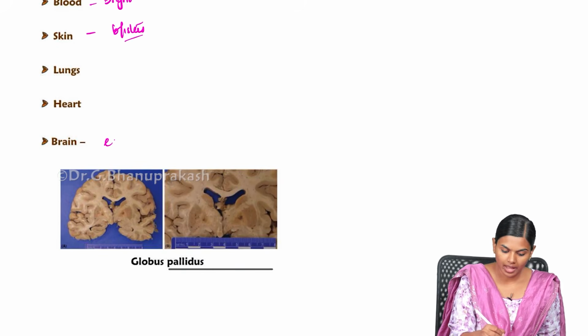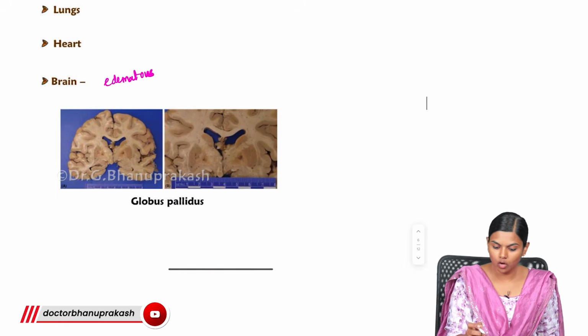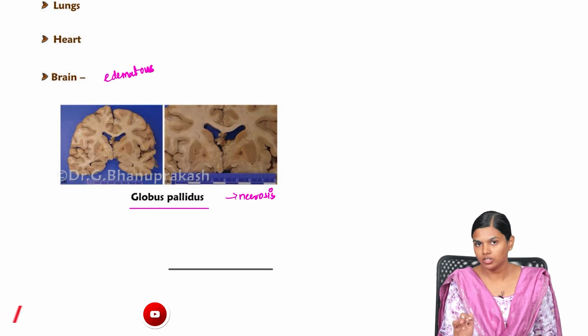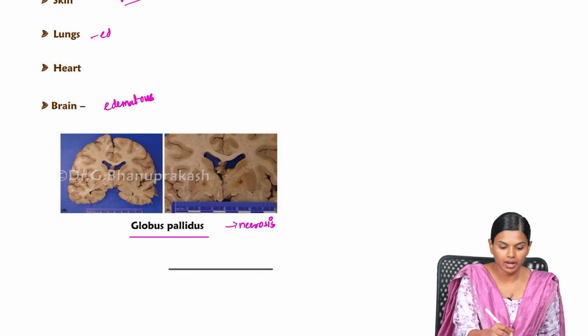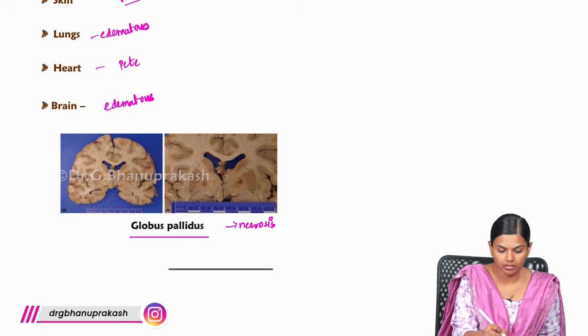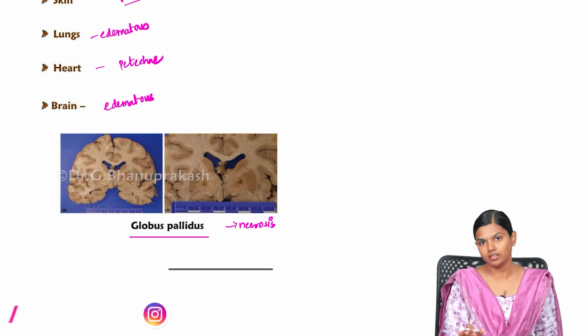You will have an edematous brain, and in the globus pallidus you will be able to see necrosis. This is one striking feature of carbon monoxide poisoning. The lung will be edematous, and in the heart you will see a lot of petechiae. So, these are the post-mortem changes that you can find in these cases.